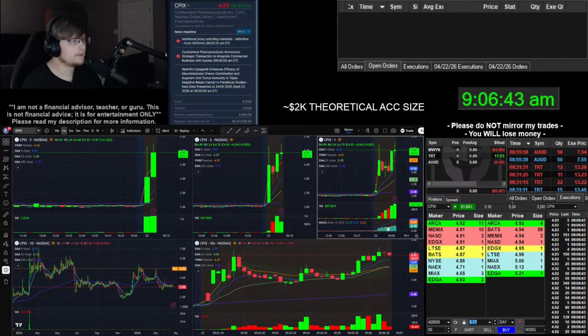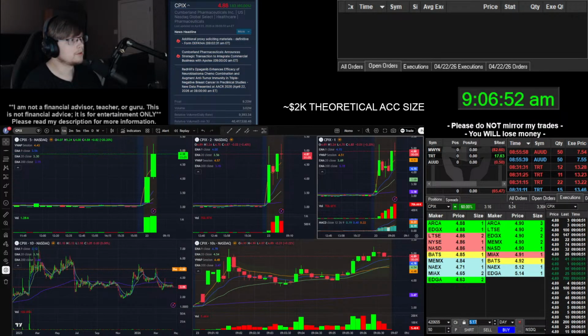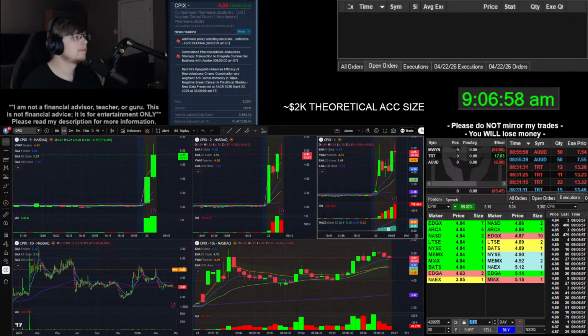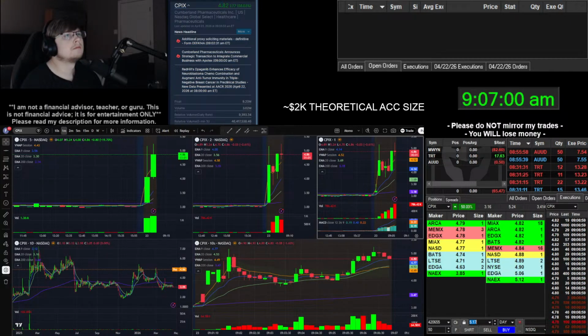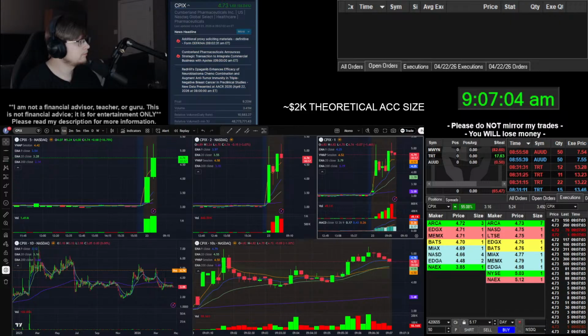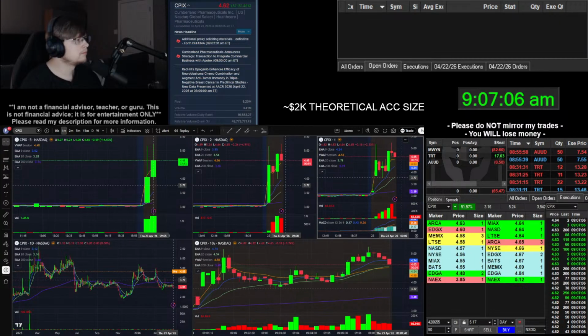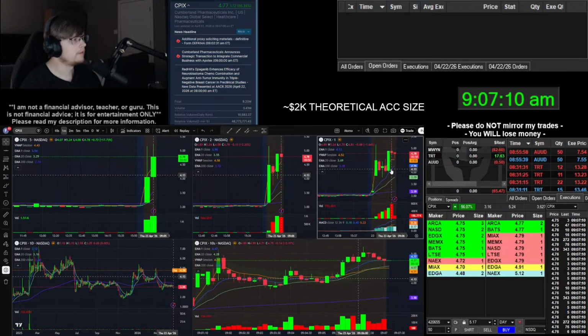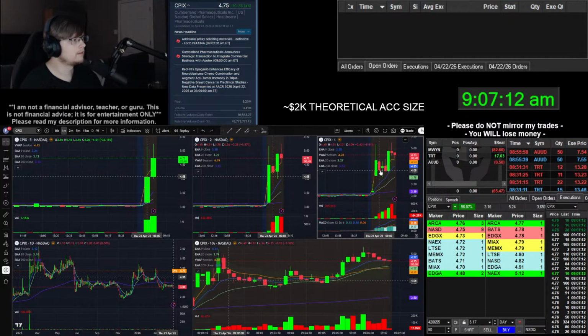Sellers popping up. Just keeping in mind that it's easy to borrow, so it might just get pushed down by shorts here. High volume selling again.